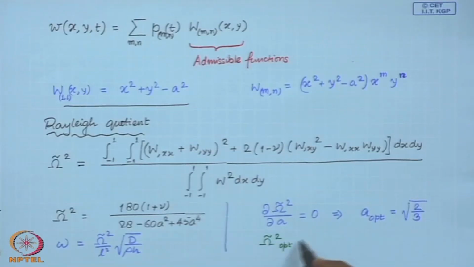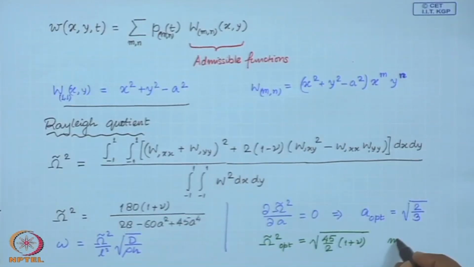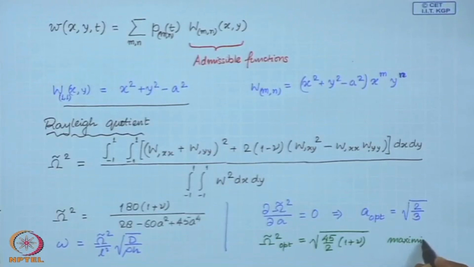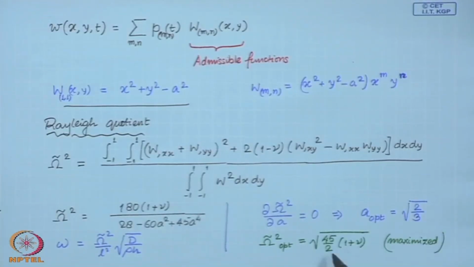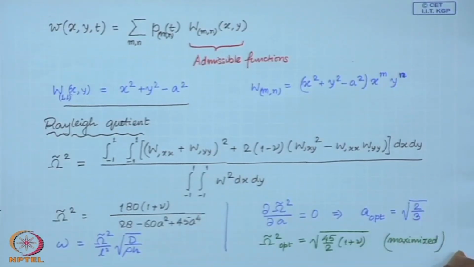So, basically this is maximum. You can check that by taking the second derivative. This is actually maximized, which can be checked by taking the second derivative with respect to A and looking at the sign of the second derivative. So, this happens to be the optimal non-dimensional radius.